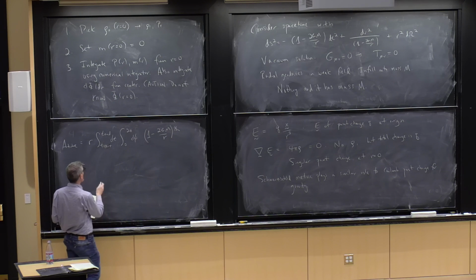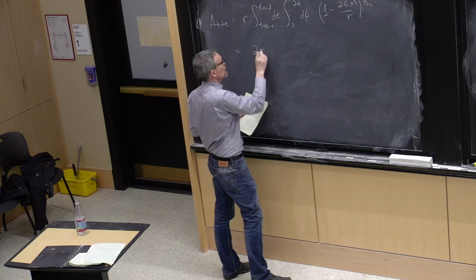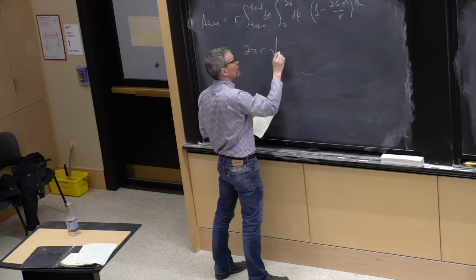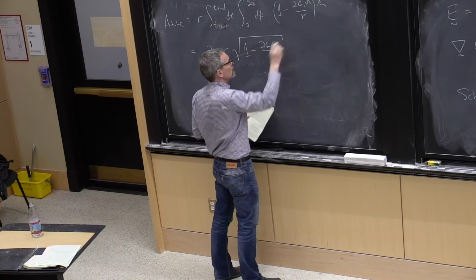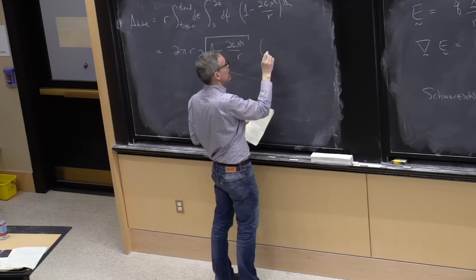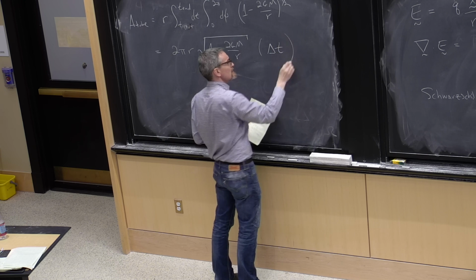So this is easy. I get 2 pi r square root of 1 minus 2GM over r, and let's just say my interval is delta t.